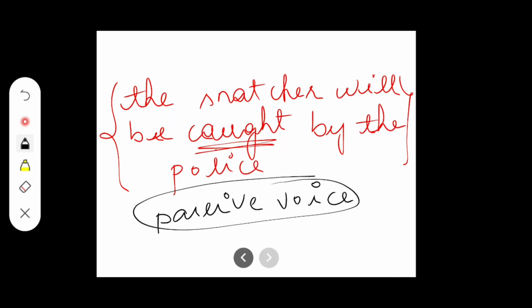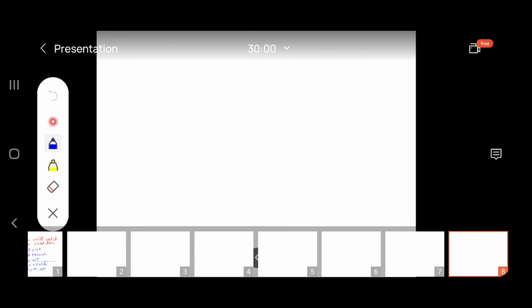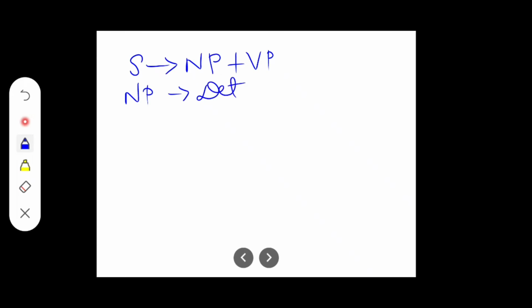So how to construct the parse tree now? Before constructing the parse tree, the first thing, as I mentioned in the previous video, is to generate the rules for this sentence. So let's generate the rules. The sentence is made up of noun phrase and verb phrase, and noun phrase is determiner and noun.